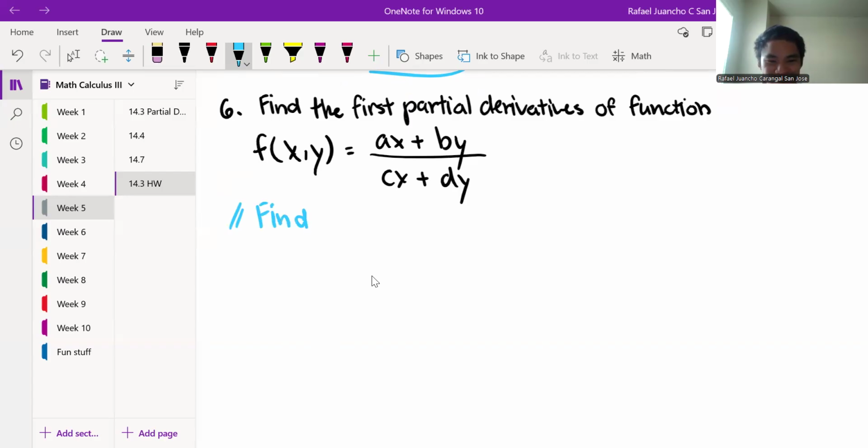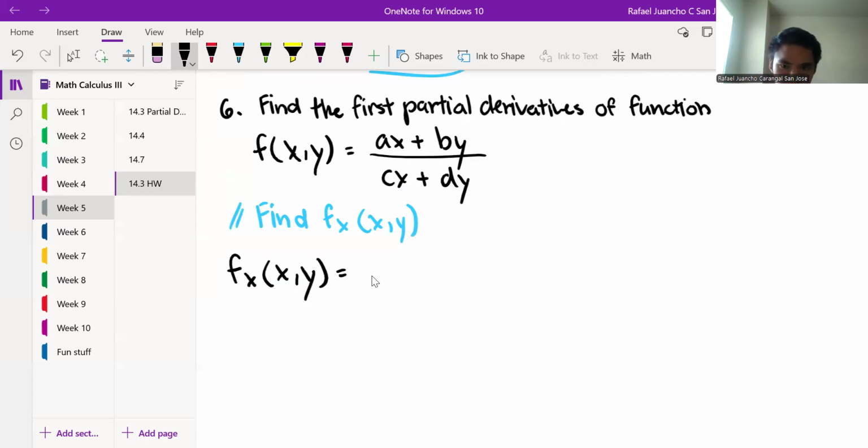Okay, so let's find f sub x. Let's do that. So here I treat y as a constant, right? Okay. So what is this? If we were to take the derivative of this thing, well, we would do. Okay, let's do a quotient rule.